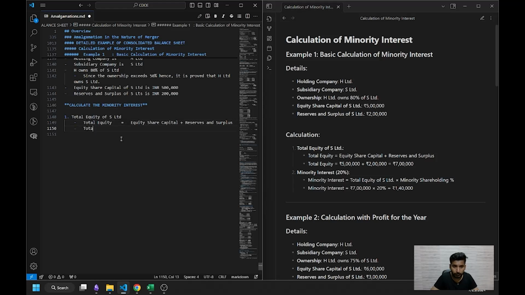Which means that the total equity equals INR 5 lakhs plus INR 2 lakhs, which is equal to INR 7 lakhs.